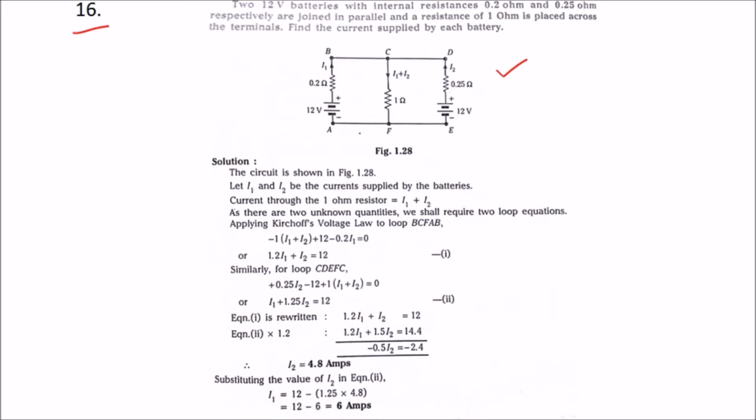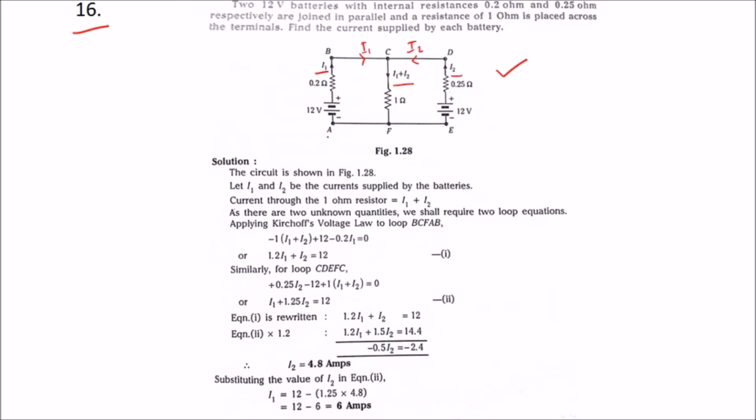As we know, let us take the current from this battery as I1, and from this one as I2. Those two currents will add through the resistance, that is I1 plus I2 across the 1 ohm resistance. So let us use Kirchhoff voltage law for this loop.